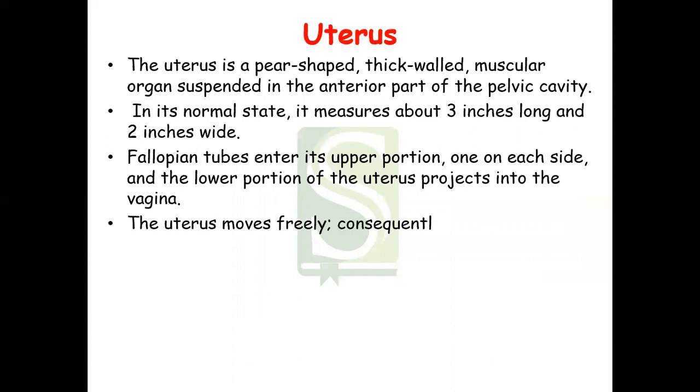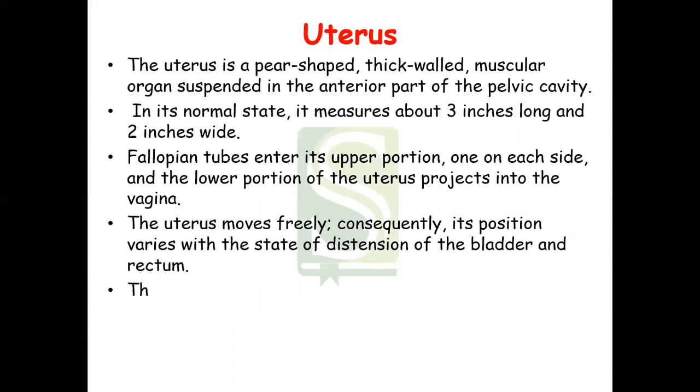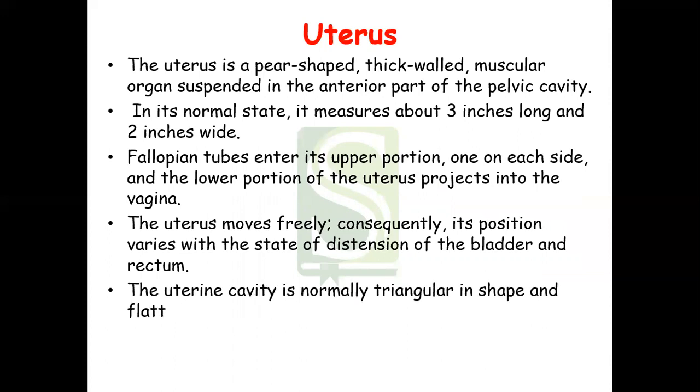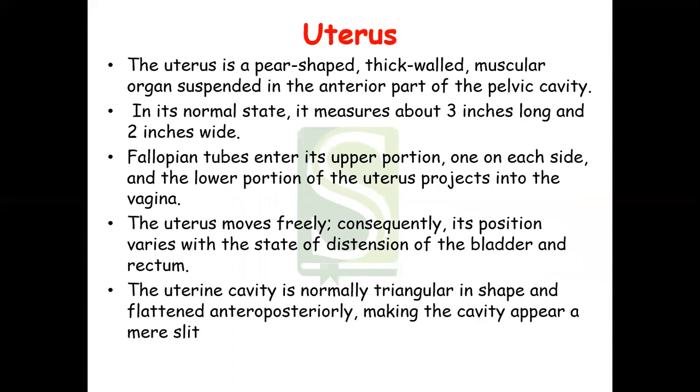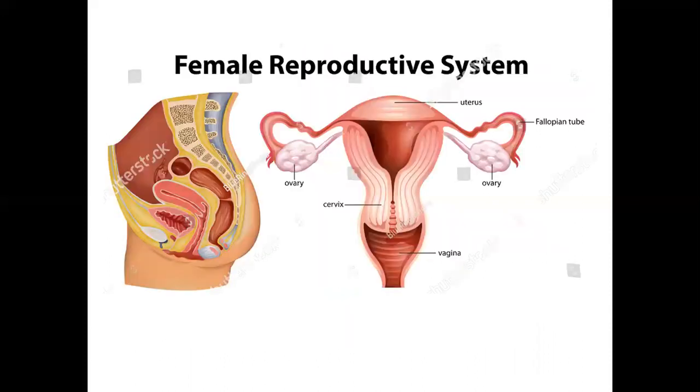The uterus moves freely. Consequently, its position varies with the state of distension of the bladder and the rectum. The uterine cavity is normally triangular in shape and flattened anterior-posteriorly, making the cavity appear a mere slit when observed from the side.